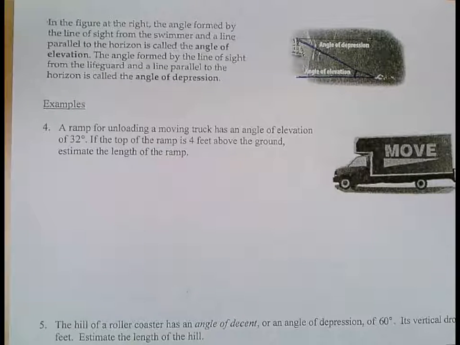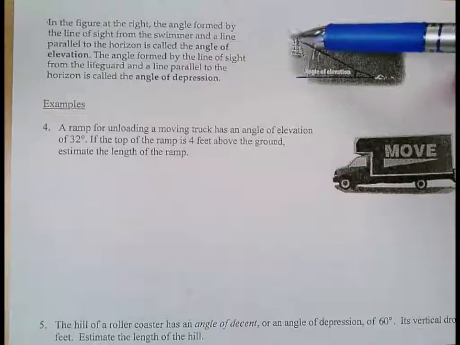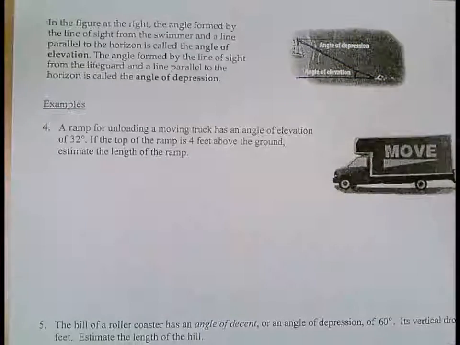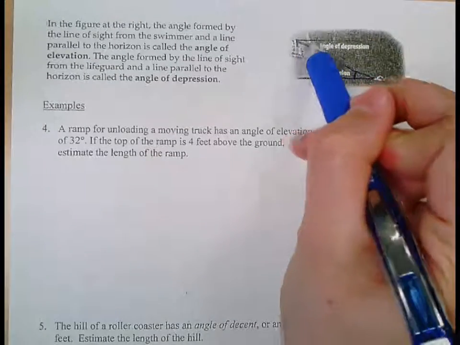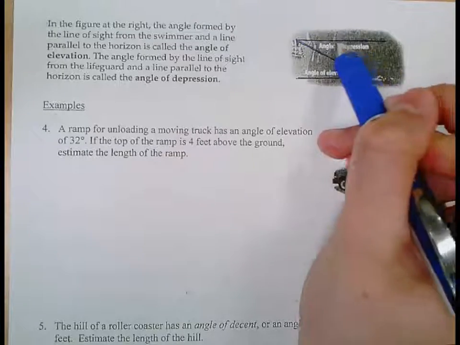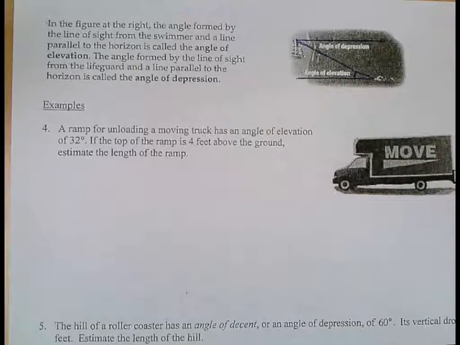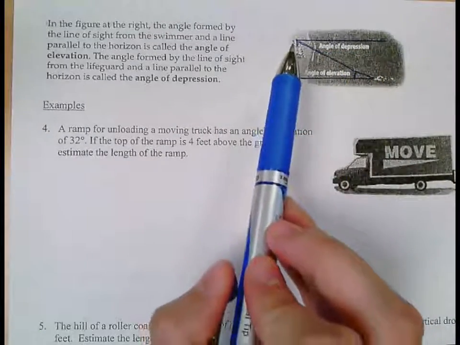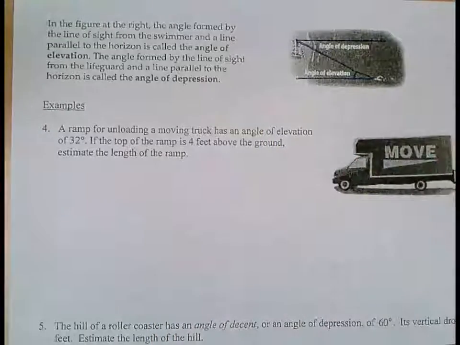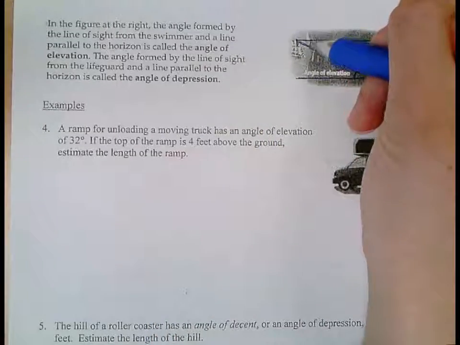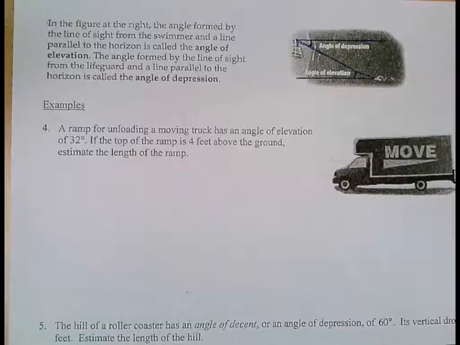From the lifeguard's point of view, their line parallel to the horizon and their line of sight to the swimmer is now going down. That would be an angle of depression, sometimes called an angle of descent.